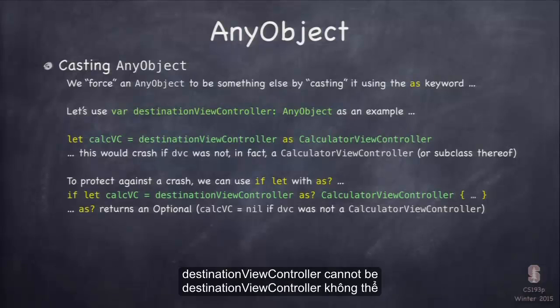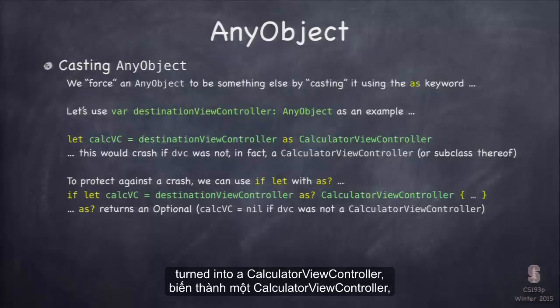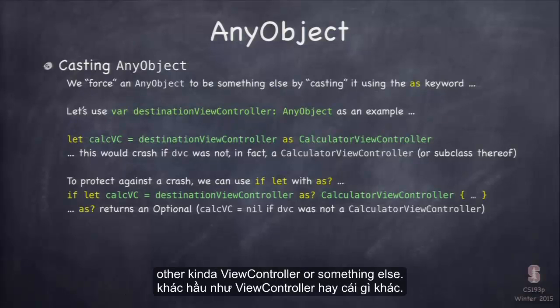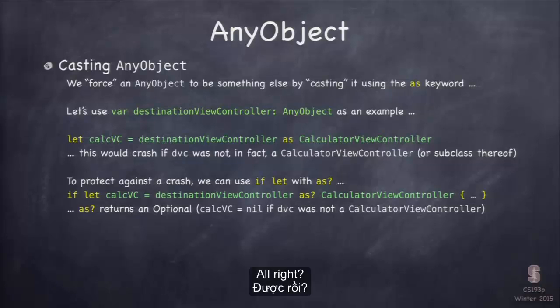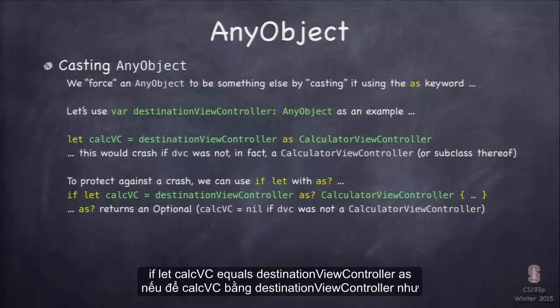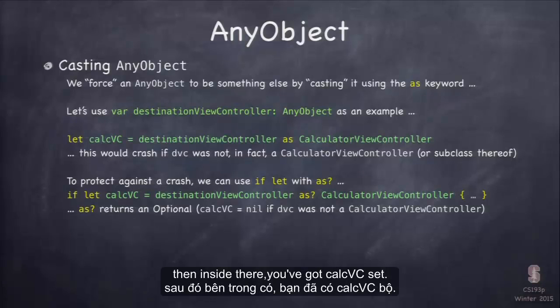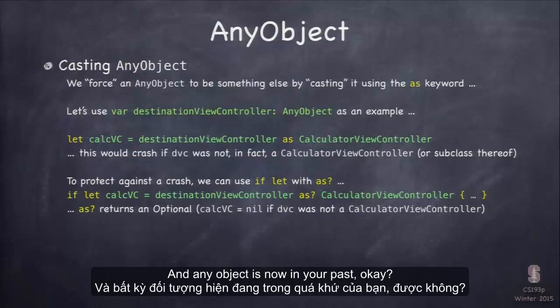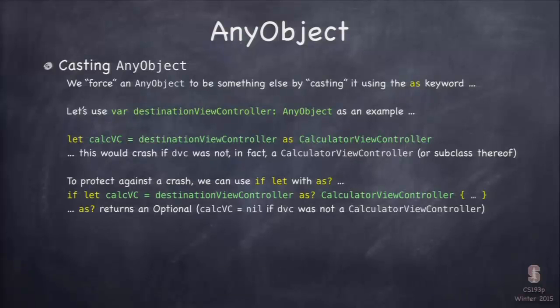So it can return nil if that any object, destination view controller, cannot be turned into a calculator view controller because it's not a calculator view controller, it's some other kind of view controller or something else, all right? And so you can say if let calc VC equals destination view controller as question mark calculator view controller, and then inside there you've got calc VC set, and you know that it's a calculator view controller, and any object is now in your past. Okay? Make sense?